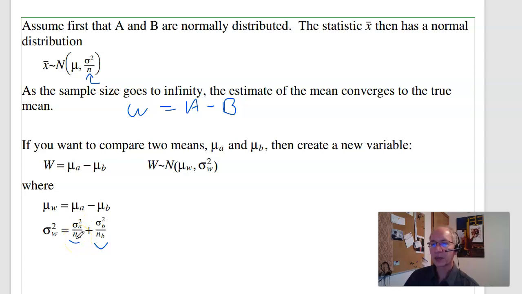Again, I'm estimating the population's mean. The population's mean has the variance that drops as n. So add those two up. That's now the variance of W. This is for the population.